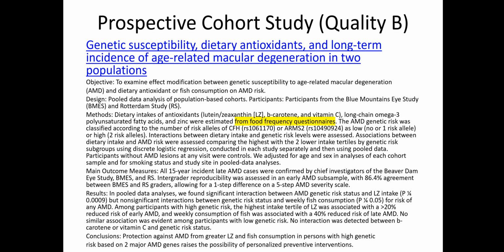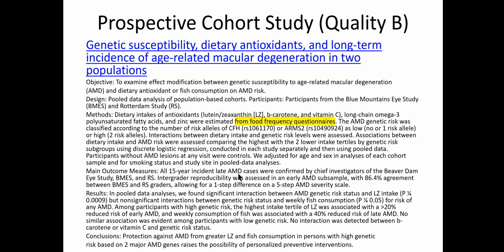So here's a prospective cohort study. It has a quality of B. It looked at genetic susceptibility, dietary antioxidants, and long-term incidence of age-related macular degeneration. They gathered data from food frequency questionnaires and other things, and they followed them for 15 years.